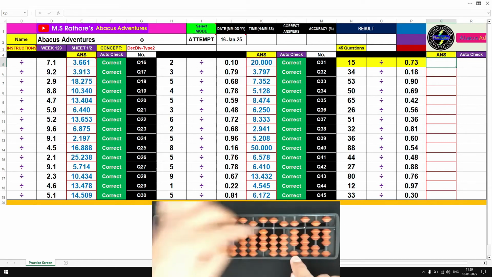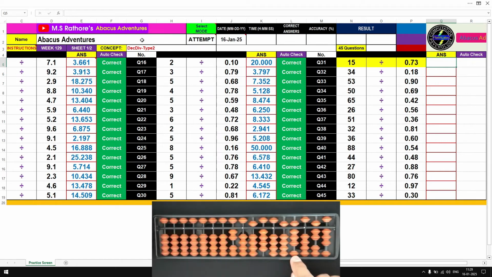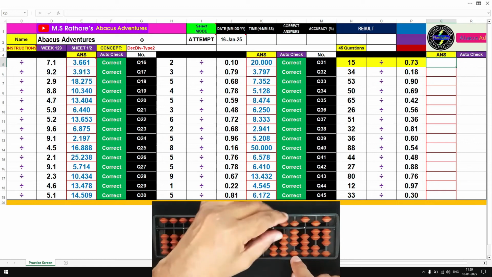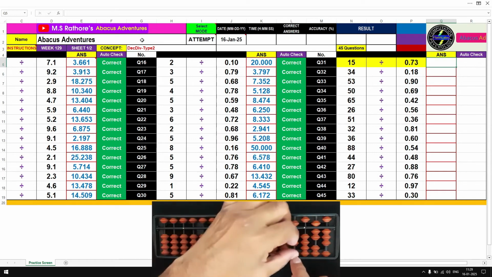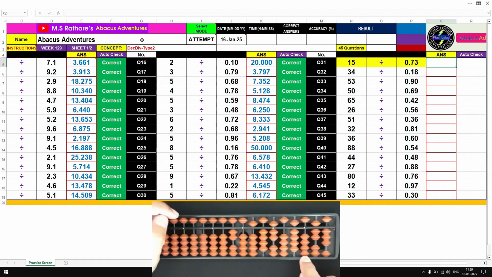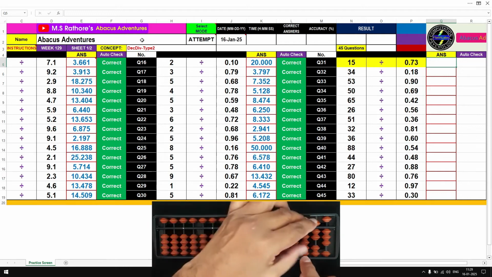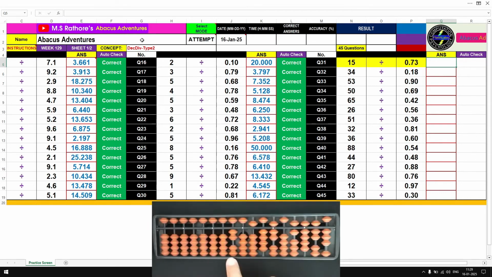Last round now, 58 is the value. 7 7s are minus 49, shifted. 3 7s are 21, and the answer is 20.547.